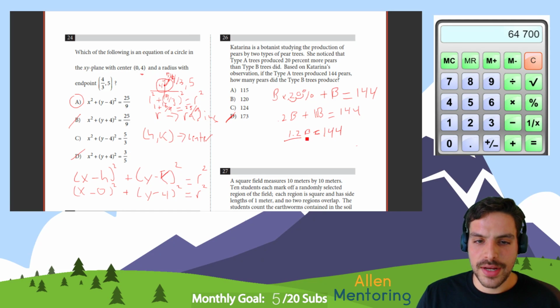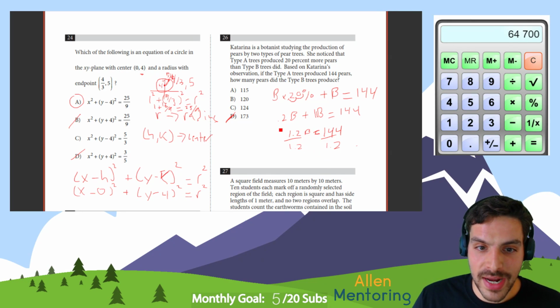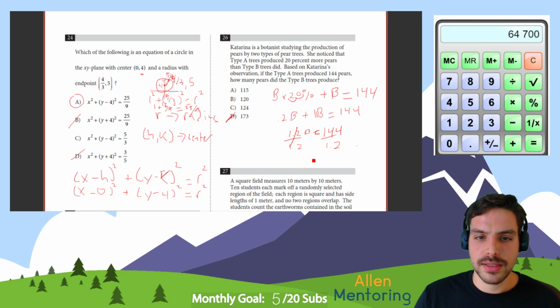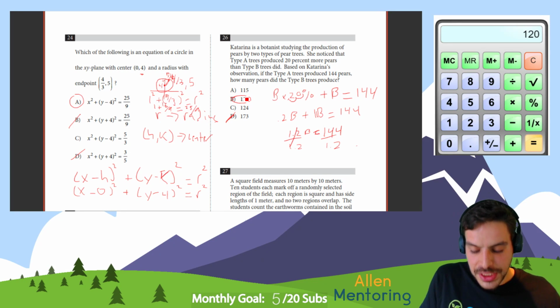We divide by 1.2 on both sides. Again, we're doing the opposite to both sides. This cancels out. And what is 144 divided by 1.2? 120. Bam. All right, this is the calculator section. I'm not cheating, I promise.